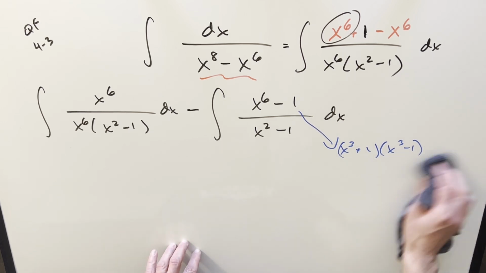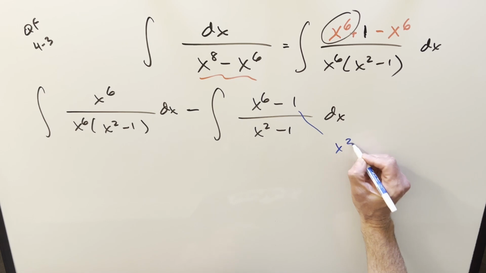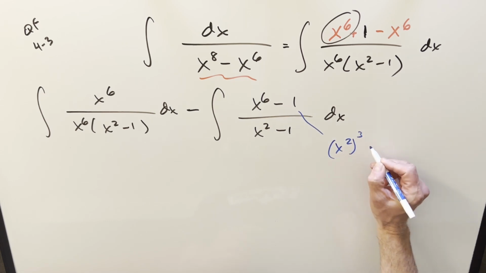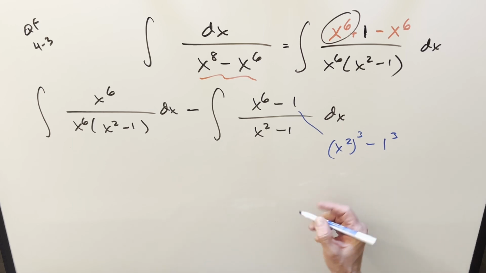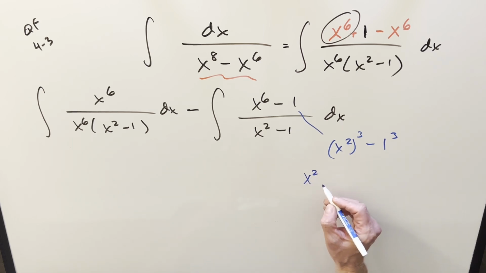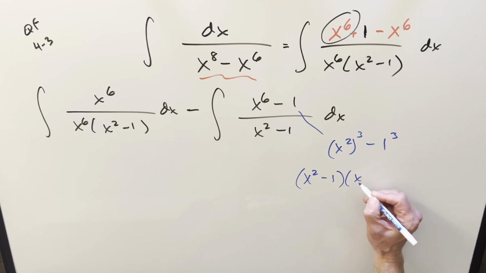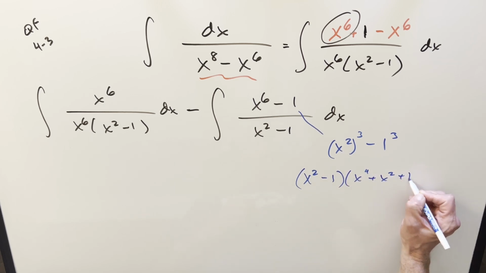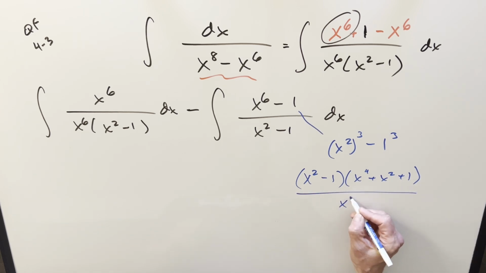So lots of options with the algebra, but instead of all that, for x to the 6th, I can write it as x squared cubed minus 1, or minus 1 cubed, and then we can use the difference of two cubes formula. We can write it as x squared minus 1 times x to the 4th plus x squared plus 1, and now this whole thing is over x squared minus 1.